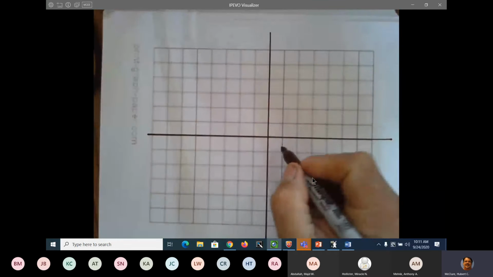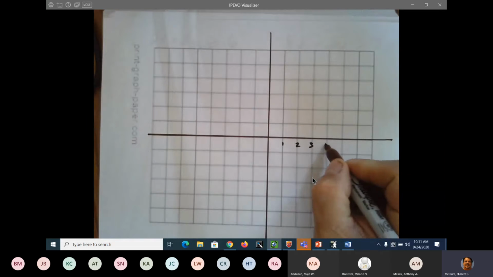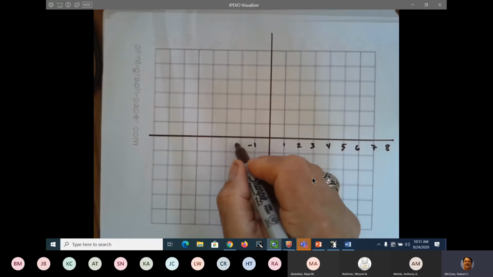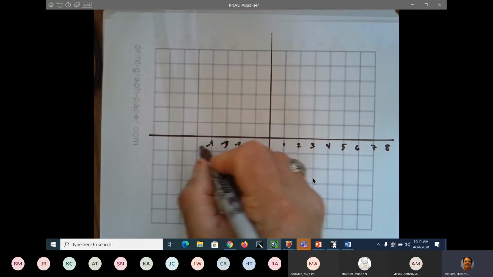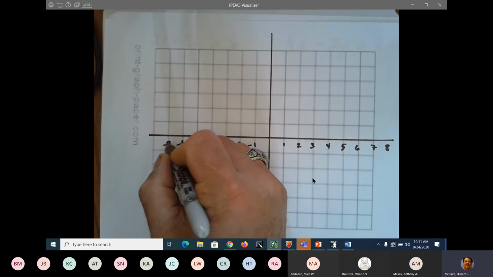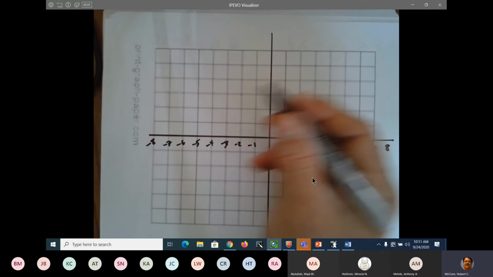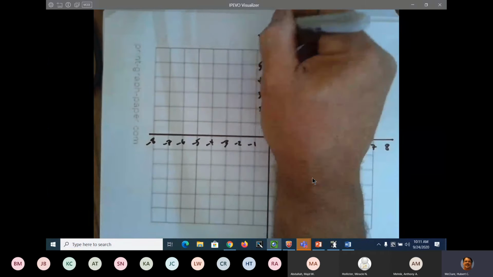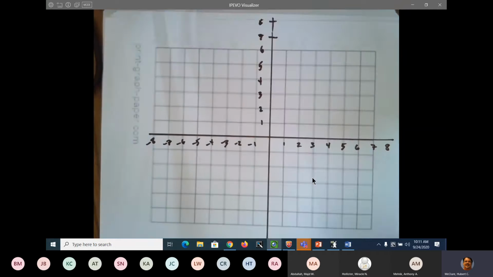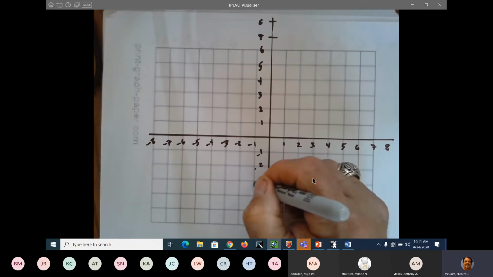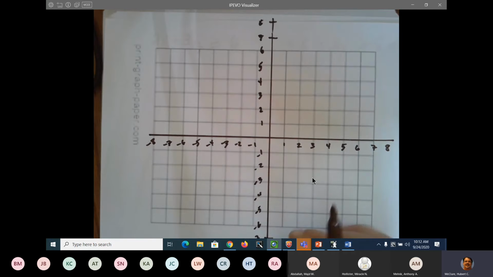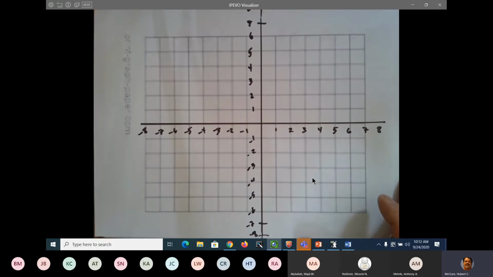And let's see, 1, 2, 3, 4, 5, 6, 7, 8, negative 1 through negative 8. 1 through 8, and negative 1 through negative 8. All right, I'm trying to make the best of it.